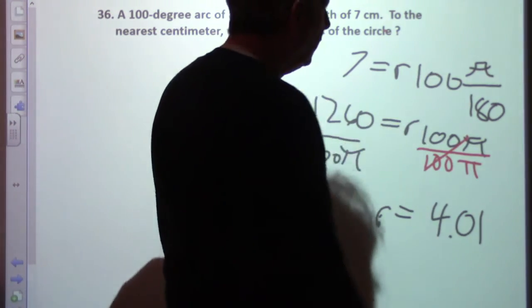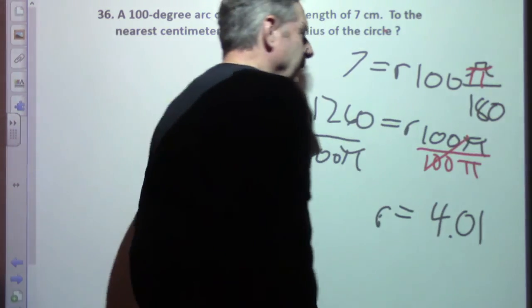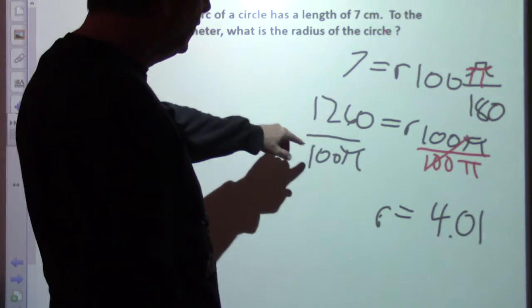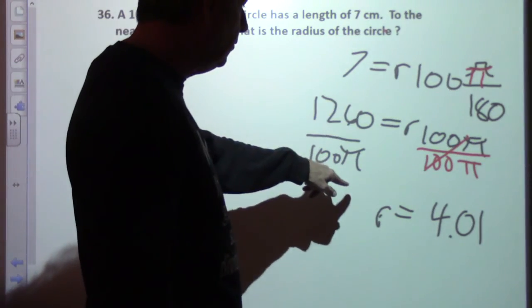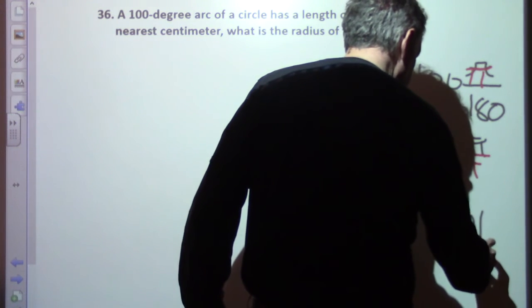He has the formula, that's supposed to be pi over 180. See, I did the same way you did. Right? Cross multiply by 180. And he has 4.01 centimeters. Now you can ask them.